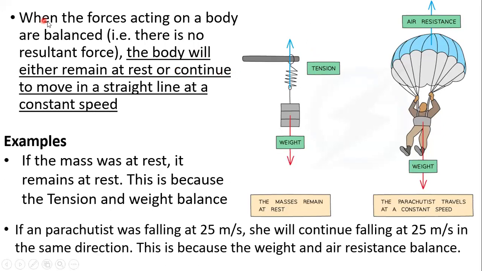Sorry for the interruption. So I was saying, when forces act on an object and are balanced, there is going to be no resultant force. In other words, the body will either remain at rest or continue to move in a straight line at a constant speed.